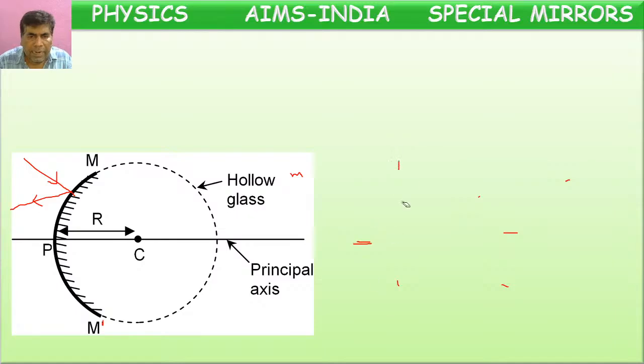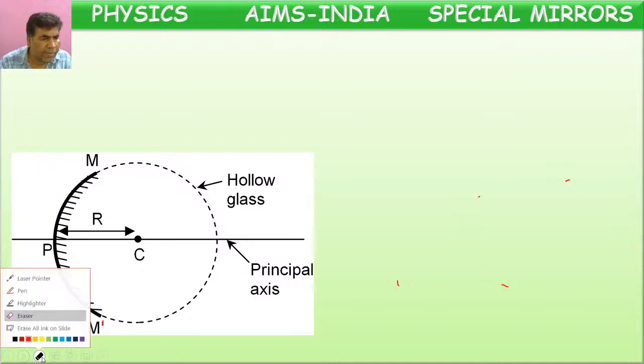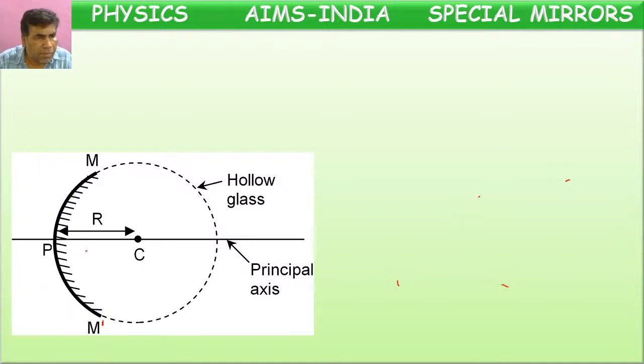These mirrors are associated with some very, very important terminology. What is a mirror? Is a curved mirror a complete sphere? No, it's a part of a complete sphere. Here, what is C?